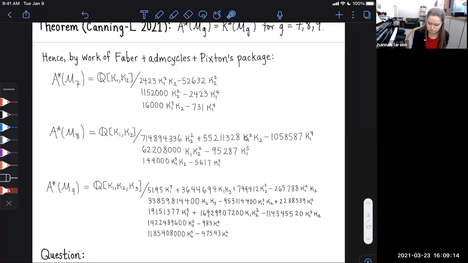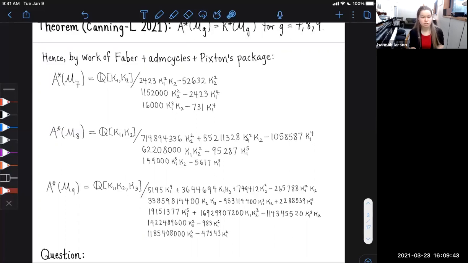So in genus 7, we see the Chow ring is generated by kappa_1 and kappa_2, mod these 3 relations. In genus 8, also generated by kappa_1 and kappa_2, mod another 3 relations. And in genus 9, we need the first 3 kappa classes, and they satisfy these 5 relations.